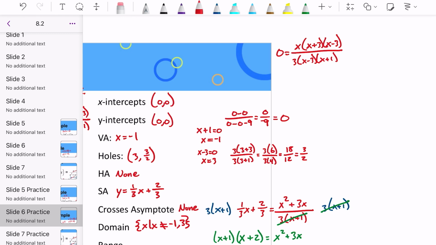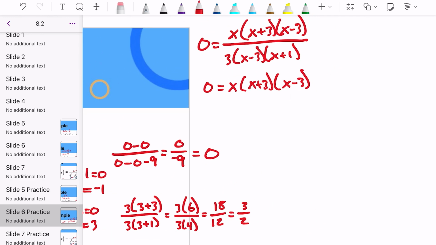Now in this case, please keep in mind that whenever we multiply both sides of our equation by our denominator, anything times 0 would give us 0. So we would be left with 0 is equal to x, x plus 3, and x minus 3.